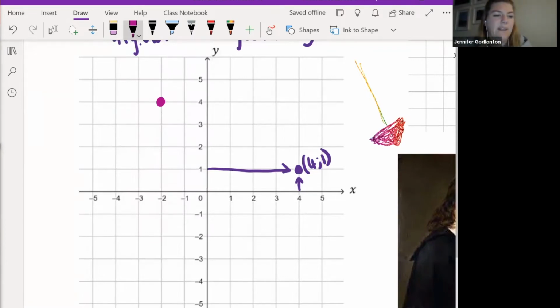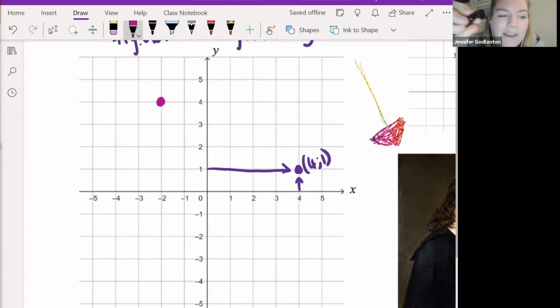I'd like as many answers as possible in the chat for me, please. Please, can you tell me what my answer for that pink dot is going to be? What are my coordinates of that pink dot? Don't be scared. Yeah, hi. Isn't it like -2, 4?